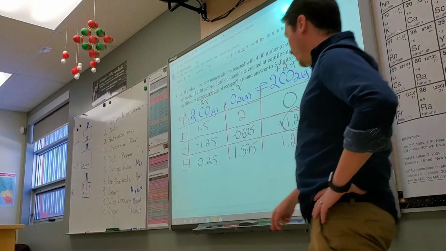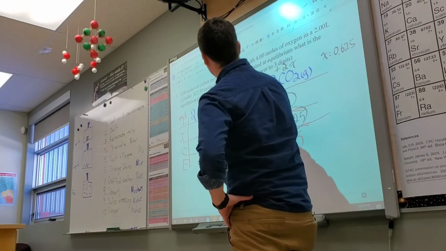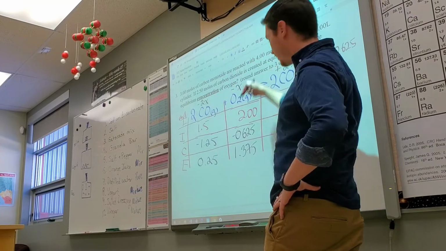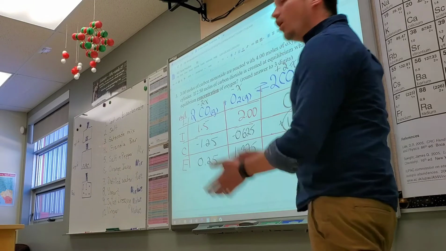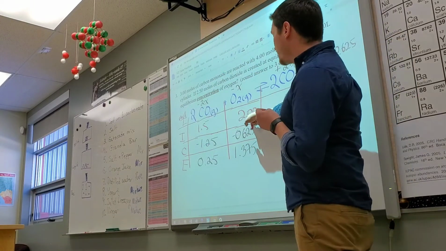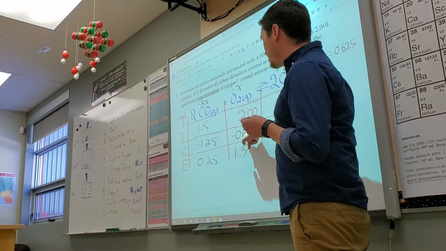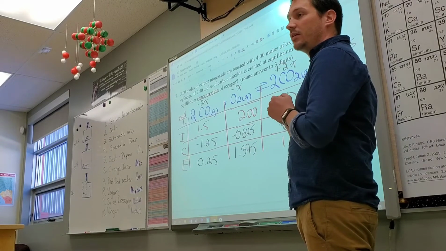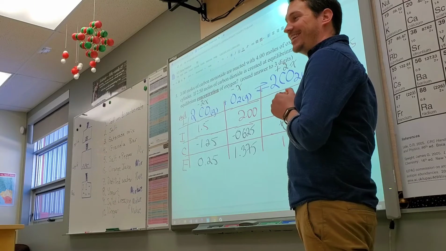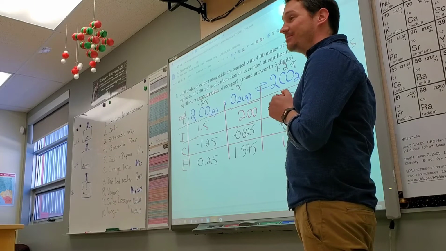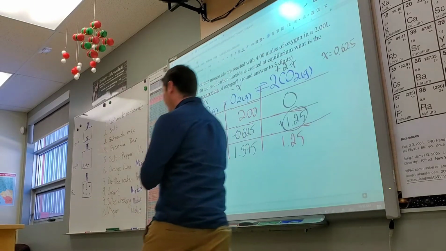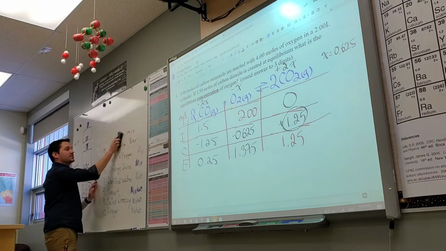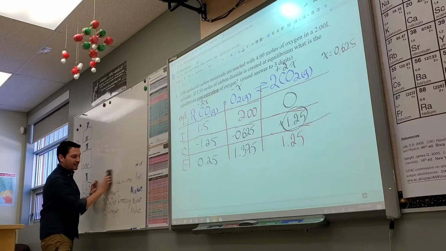What I want to know is, do you agree this should have been 2.00 to start with, if I take into account significant digits? What is 2.00 minus 0.625? Is it 1.375? No, it's not. And this goes back to our talks about significant digits.